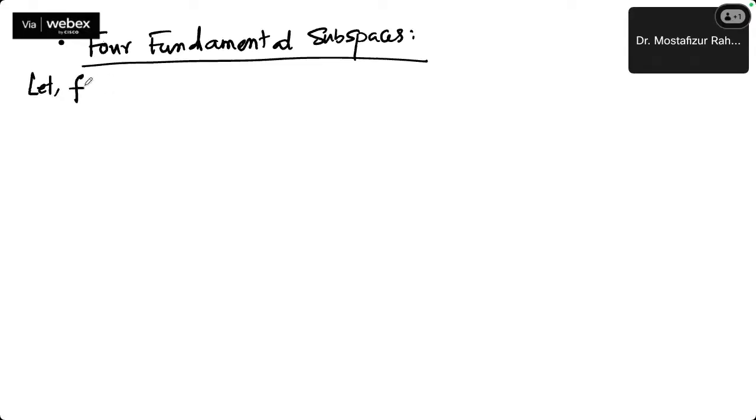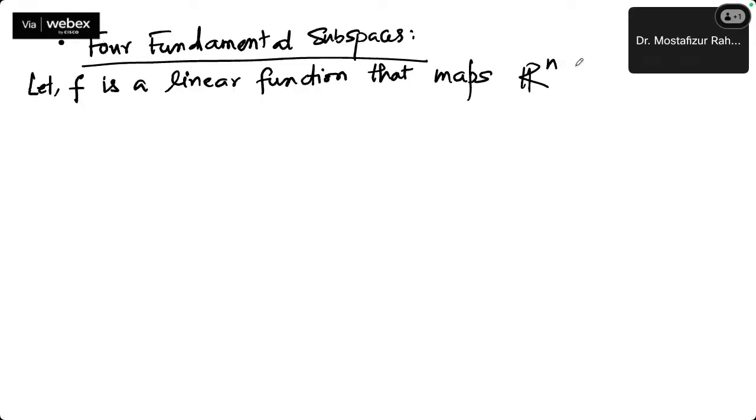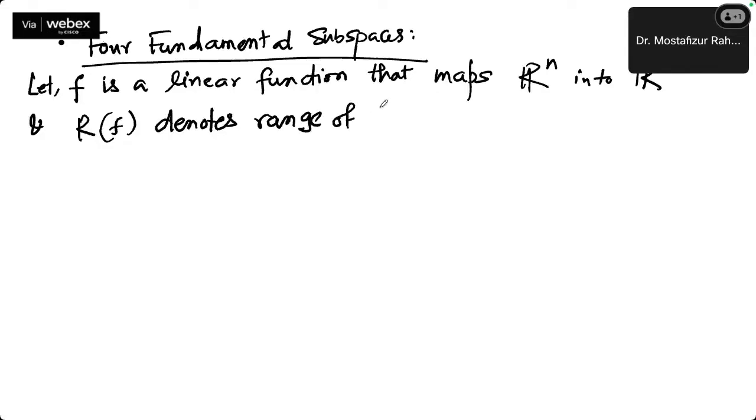Let f be a linear function that maps Rn into Rm, and R of f denotes the range of f.